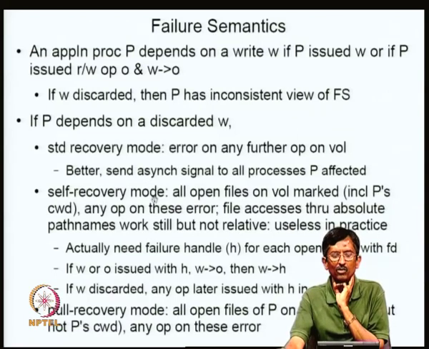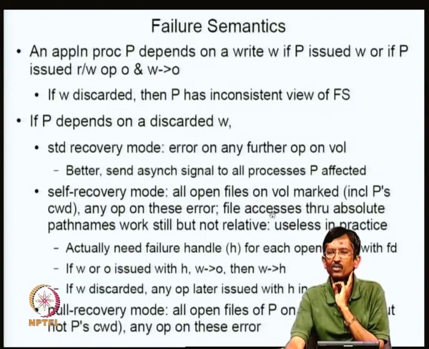In self recovery mode, the idea basically is: why constrain everybody? Okay. The only thing that we are worried about is open files, because only they might have lost something because somebody crashed somewhere. Okay. So, instead of saying that any operation is a problem on that set of directories or partitions of the file system, we will only bother about those files which are open.